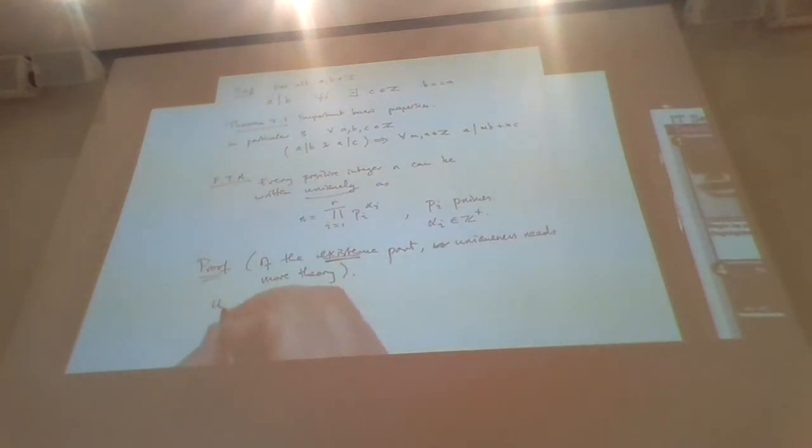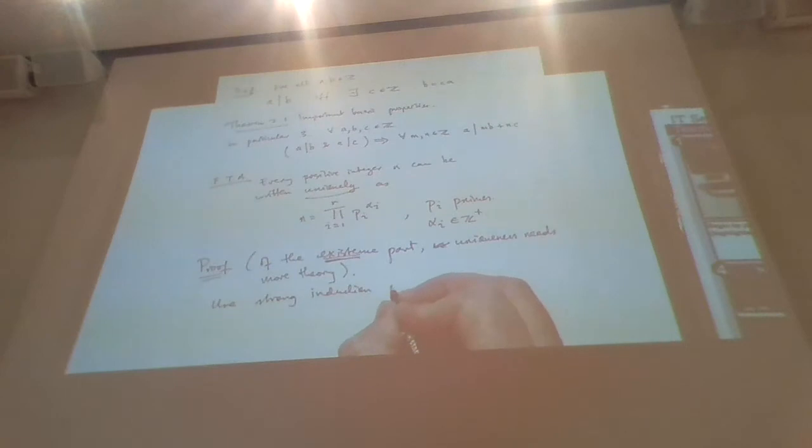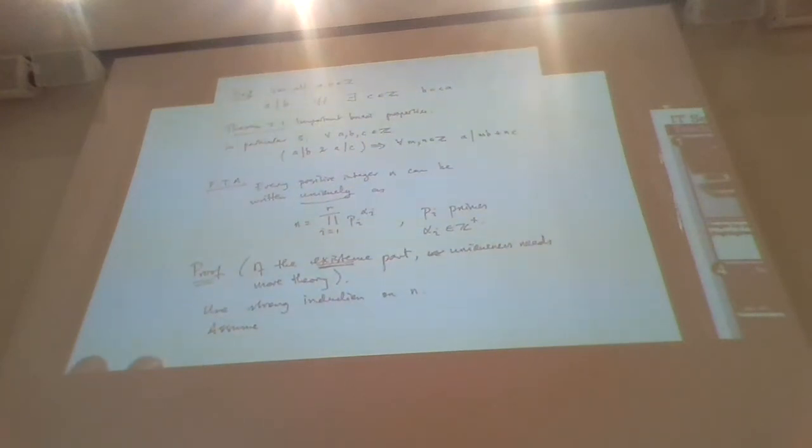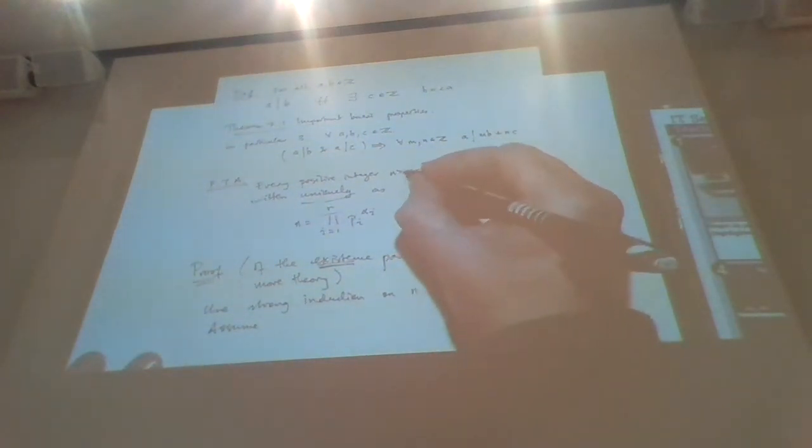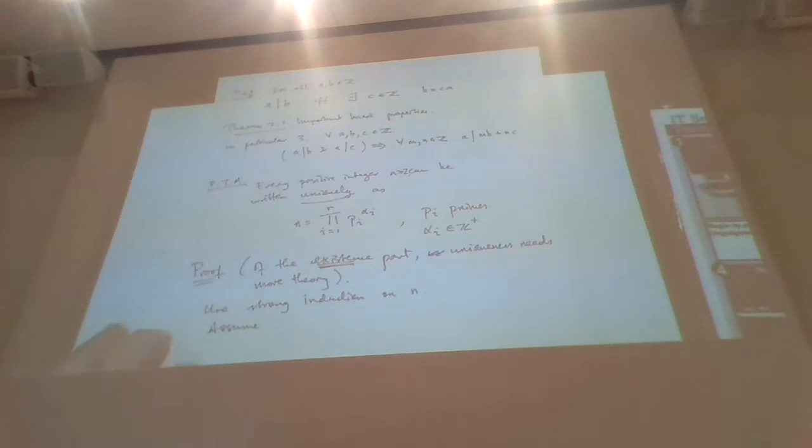Here, we'll use strong induction on n. We should have said up here, every positive integer greater than or equal to 2. You can include 1 there, as 1 is an empty product of primes.